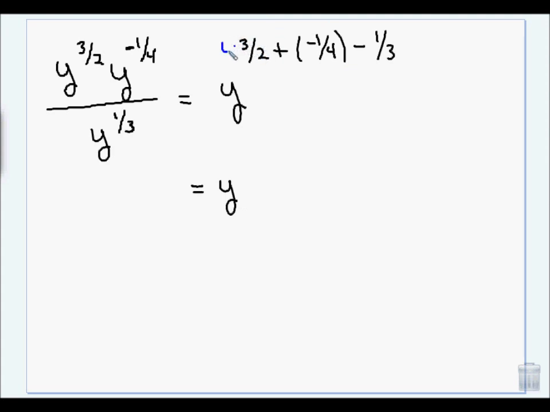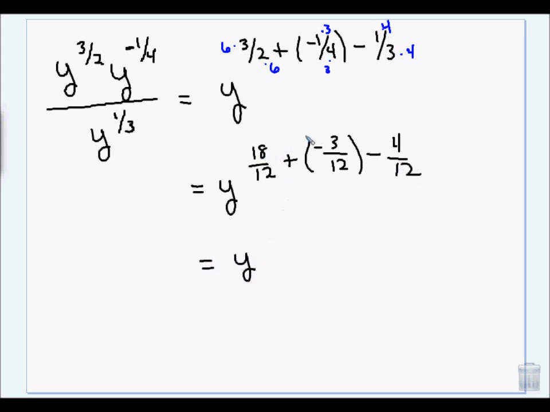So I have to multiply both of those by 6. So I get 18/12 plus, here I need to multiply by 3, so -3/12 minus, here I'm multiplying by 4, so minus 4/12.